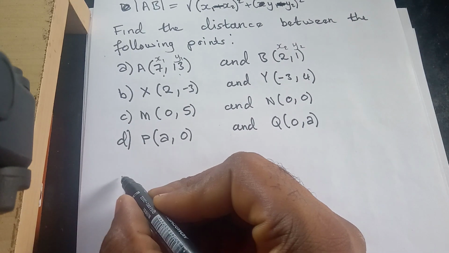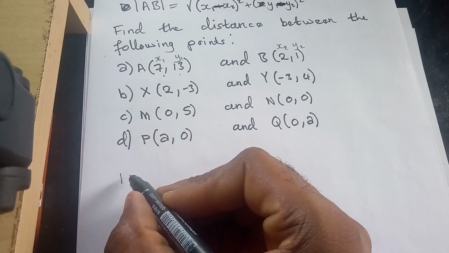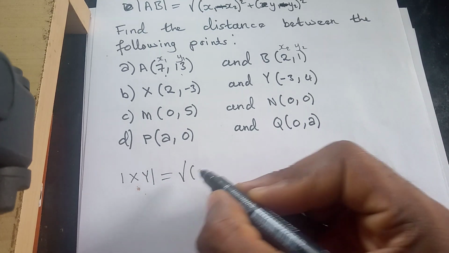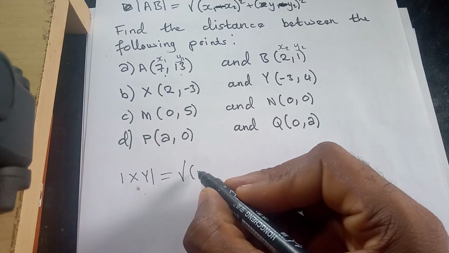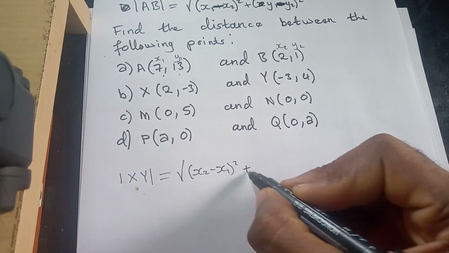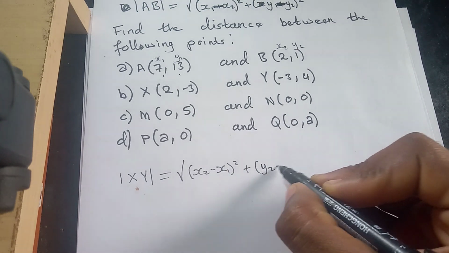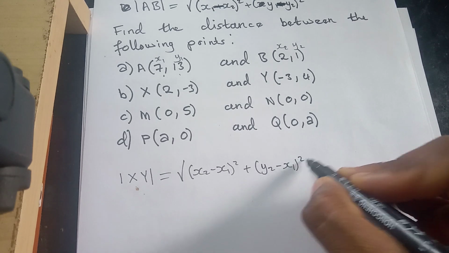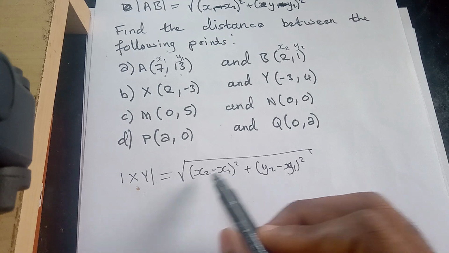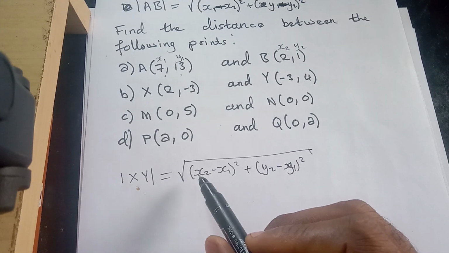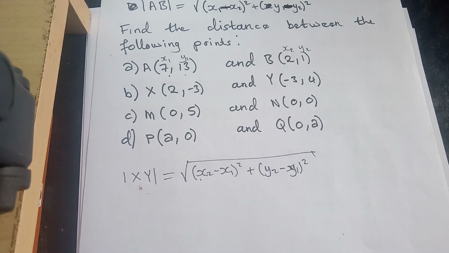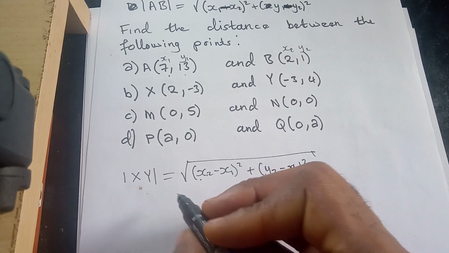The formula is the distance, or the modulus of XY, is equal to the square root of, you find the difference in the x coordinates and square it, plus the difference in the y coordinates, or the change in the y coordinates, and square. And by the way, the order here doesn't matter. You can say x1 minus x2, or you can say x2 minus x1. The answer will still be the same because of this square.